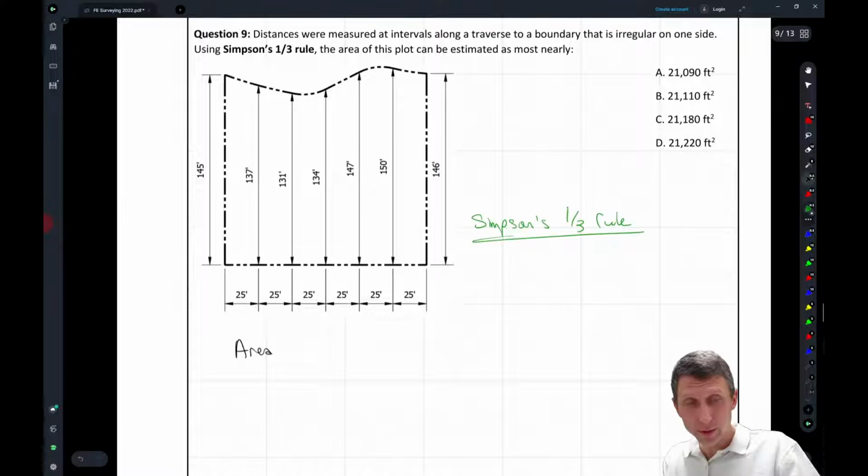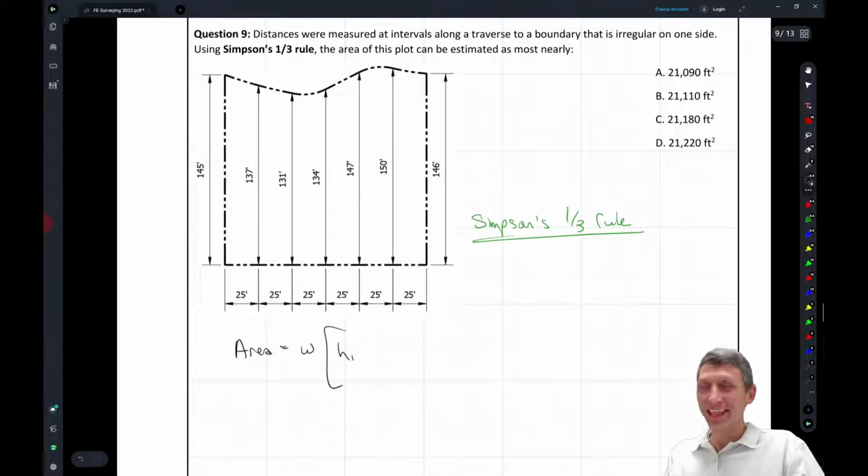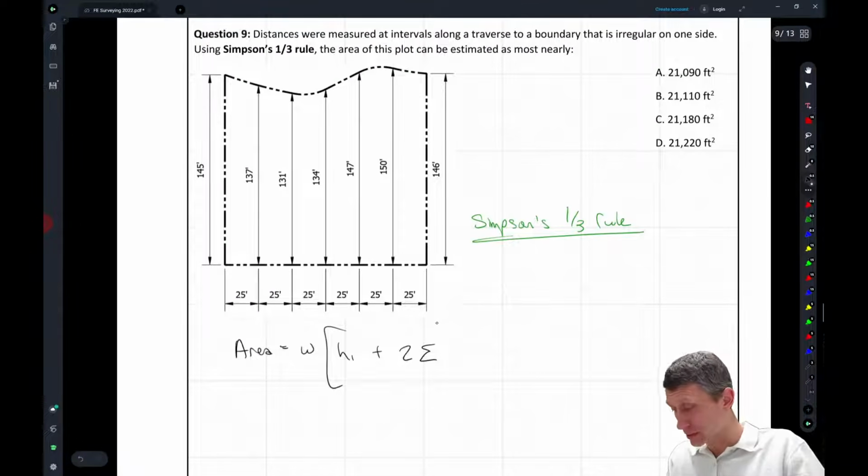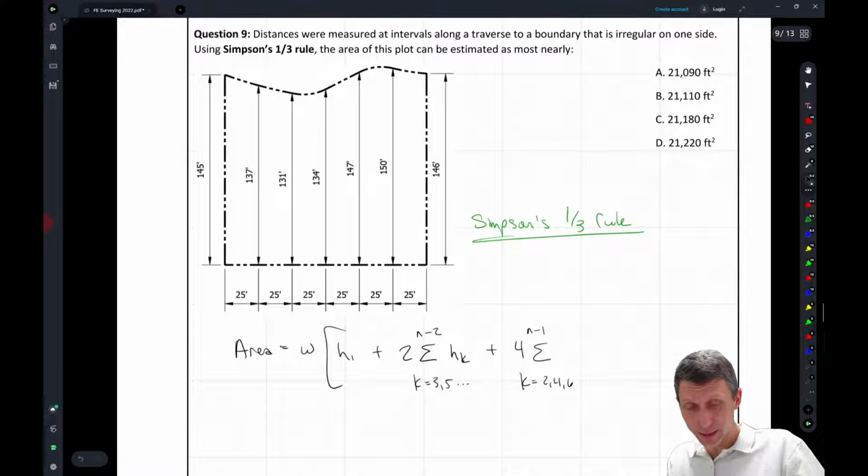Okay, so this is going to be the area equals W times this big bracket, H1, that's easy. And then it gets to be the summation: plus 2 times the summation of n minus 2 for k equals 3, 5, and so on, of h sub k, plus 4 times the summation of n minus 1 for k equals 2, 4, 6, so these are even values, of h sub k, plus h sub n.